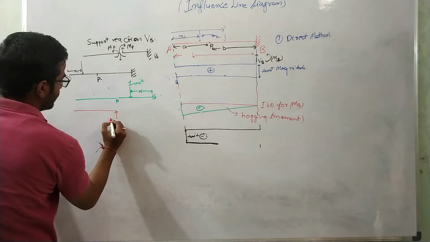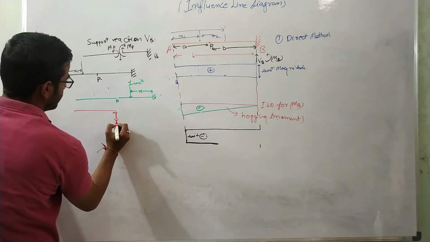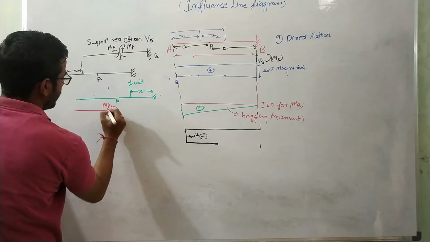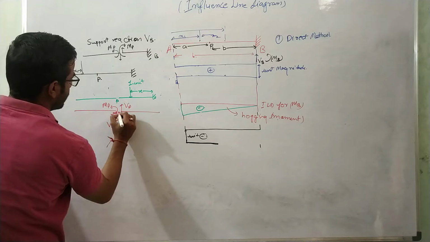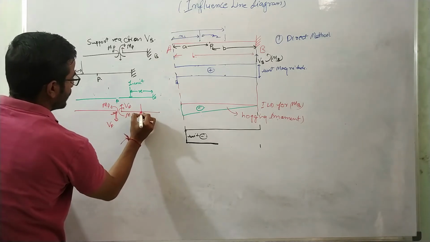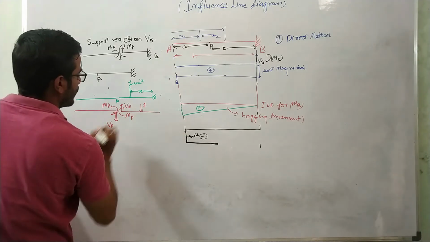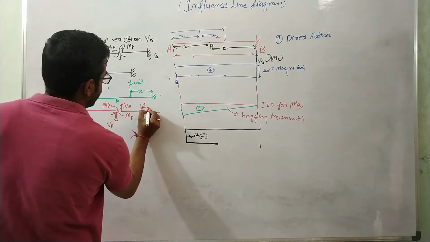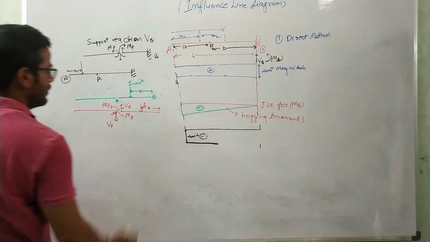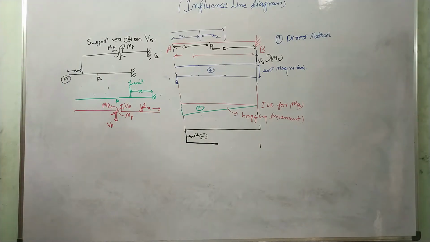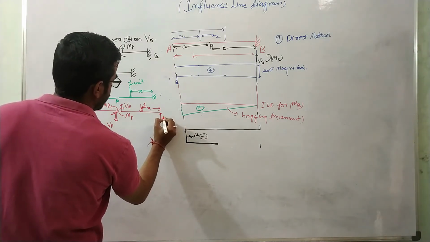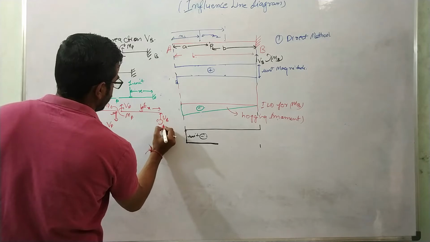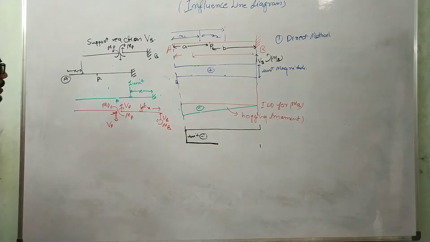At point P, let us suppose the shear is here it is MP, VP, and again VP, MP, and one unit load over here, which is at a distance of x. Let us suppose the x we took from this side. Here at the fixed support there will be some reaction VB and some MB.